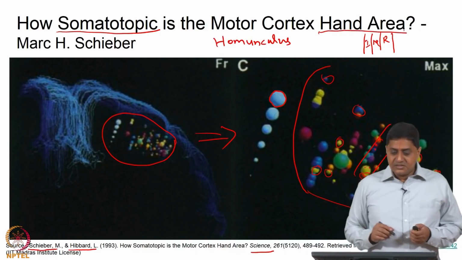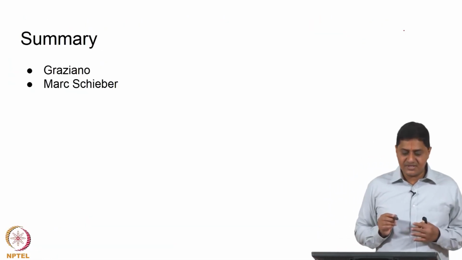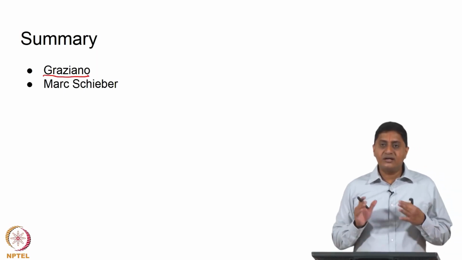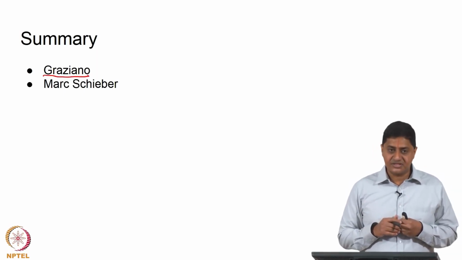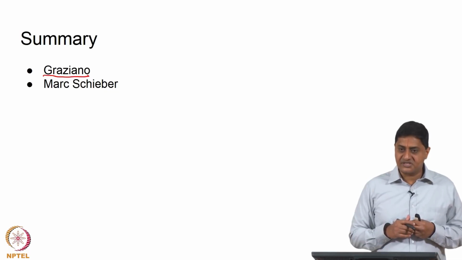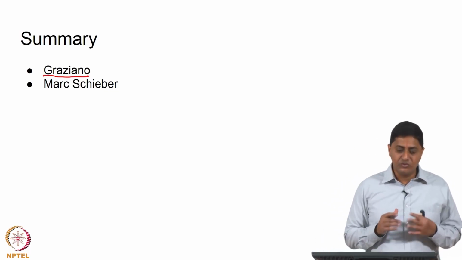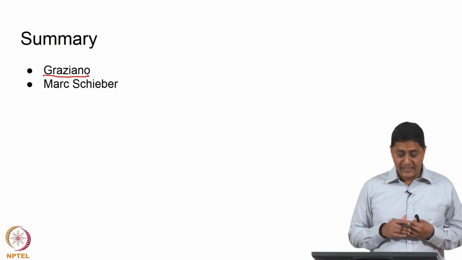Okay. So, in today's class we saw the work of Graziano, and he showed that long lasting stimulations of the primary motor cortex lead to well coordinated and smooth movements in monkeys.